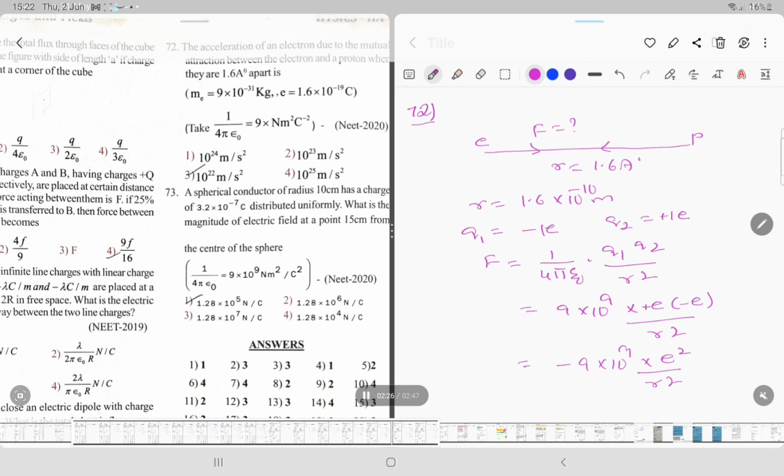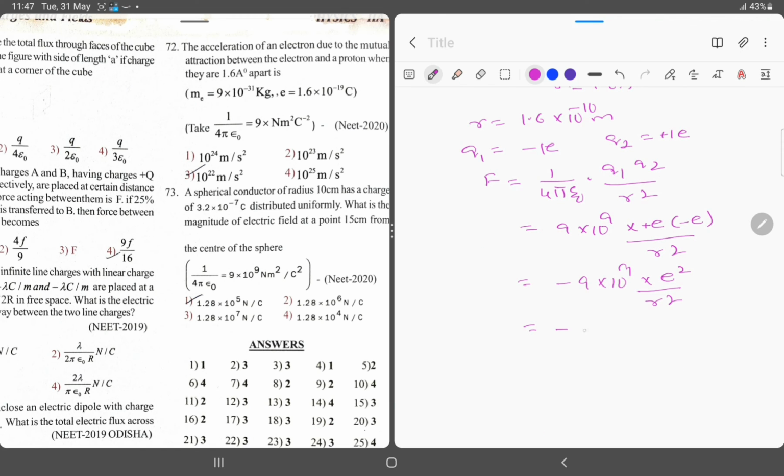And here let us substitute the e values, and now it is e into e, that is e square, divided by r square. And now minus 9 into 10 to the power of 9 into substitute the e value, charge of electron and proton, 1.6 into 10 to the power of minus 19 whole square, divided by what is the r value, so 1.6 into 10 to the power of minus 10 whole square.